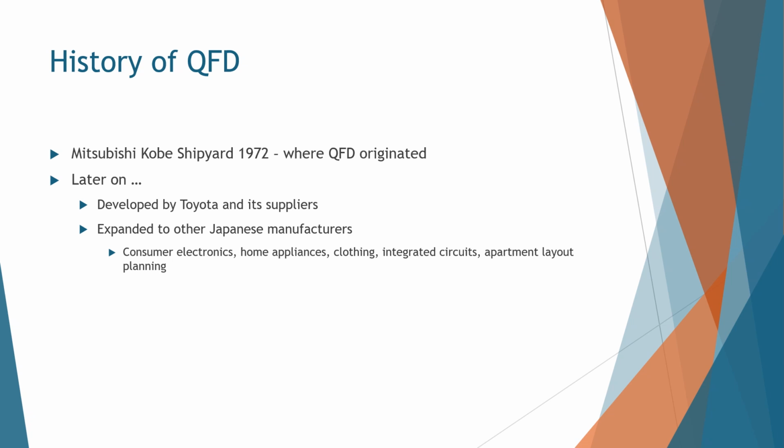Expanded to other Japanese manufacturers, consumer electronics, home appliances, clothing, integrated circuits, apartment layout planning. Adopted by Ford and GM in the 1980s. Digital Equipment, Hewlett-Packard, AT&T, ITT.